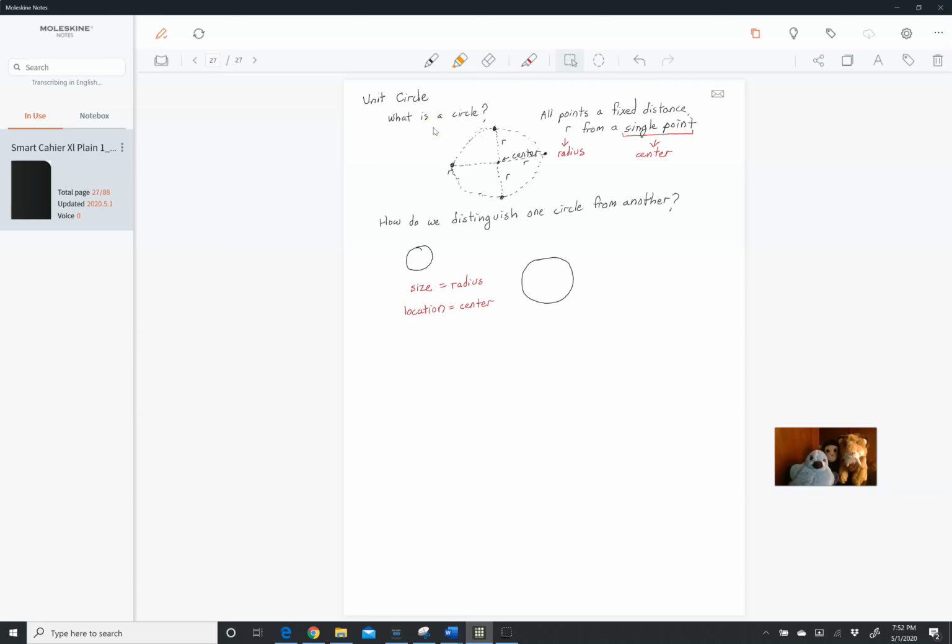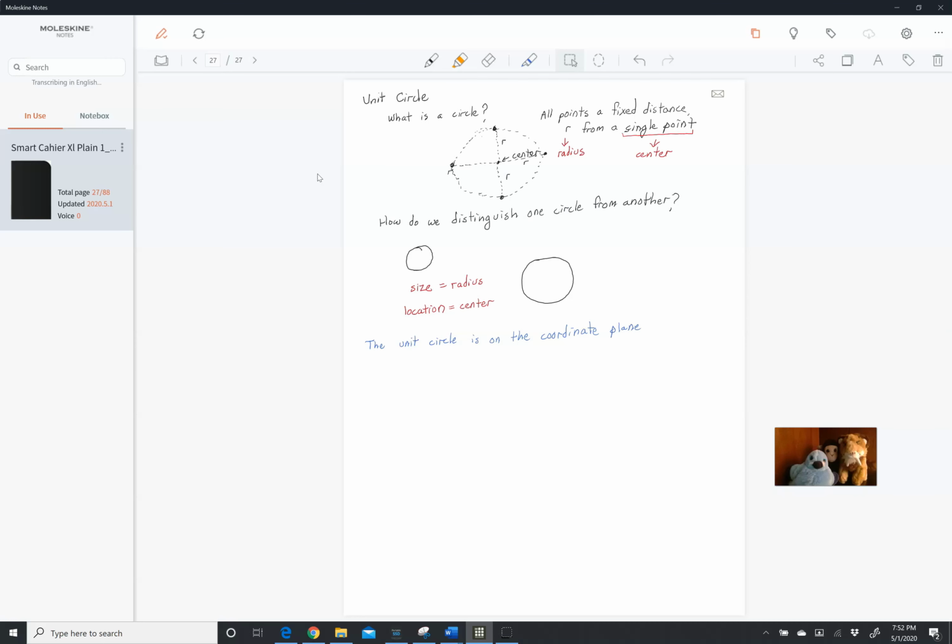So let's consider something called the unit circle. The unit circle is on the coordinate plane. The coordinate plane just means the x and y axes, as opposed to, let's say, the complex plane where our axes are complex and real.